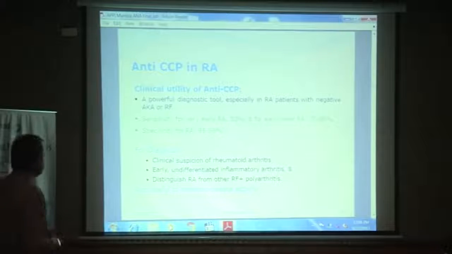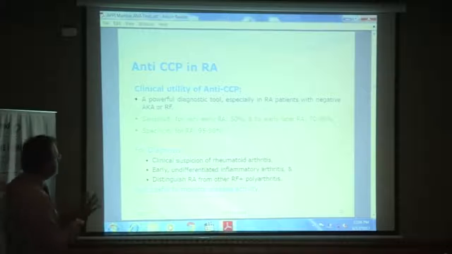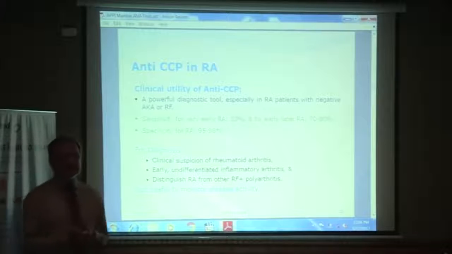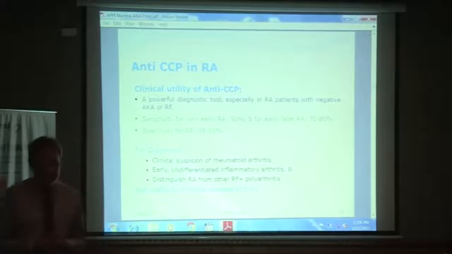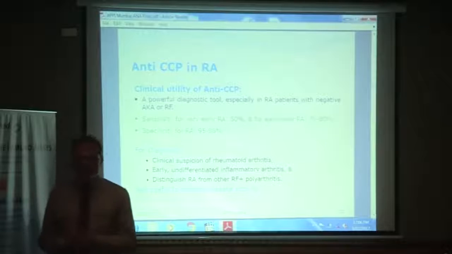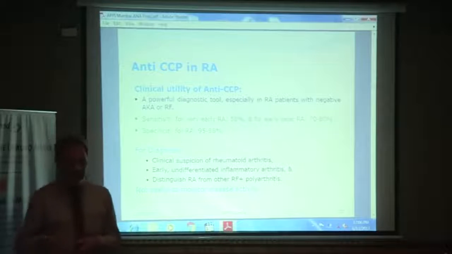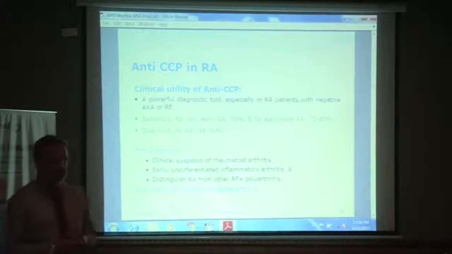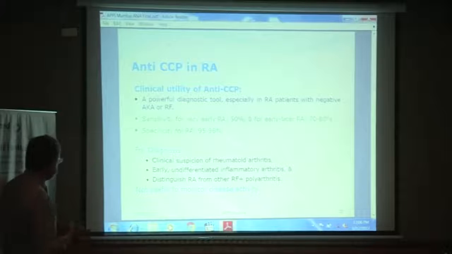It is a very powerful diagnostic test in rheumatoid arthritis patients where other markers could be negative, like RF negative, or even anti-keratin antibodies are negative. Of course, AKA are not very popularly or easily available. But if somebody has done that, it can also confirm the patient where it is negative.